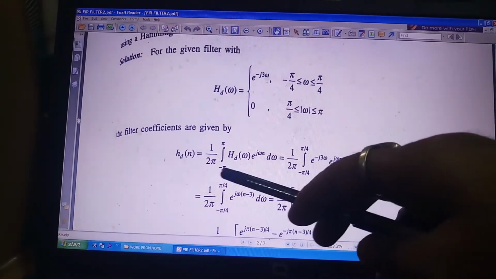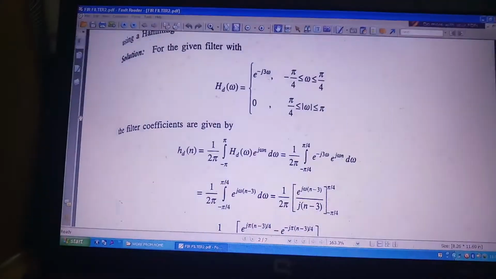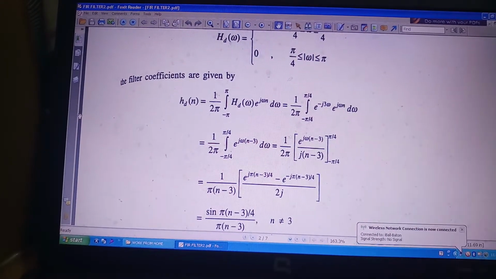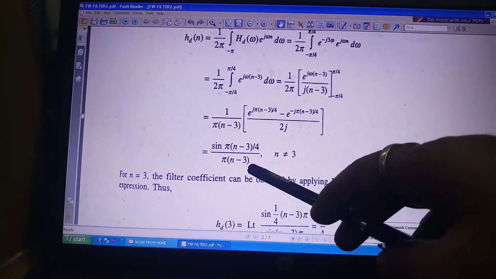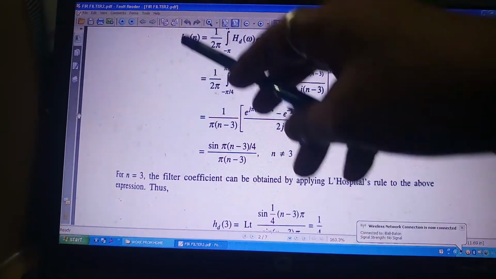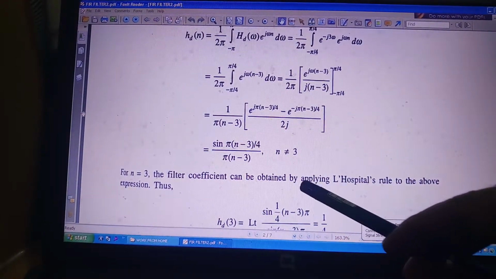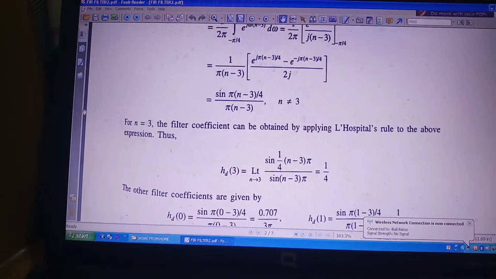Like yesterday, I have used the inverse Fourier transform to get the response in the time domain. The integration continues, and this is what I get, the impulse response for n not equal to 3, because if I put n equal to 3, this factor becomes 0, which means it becomes a discontinuous function. So for n equal to 3, I will have to apply L'Hospital's rule.